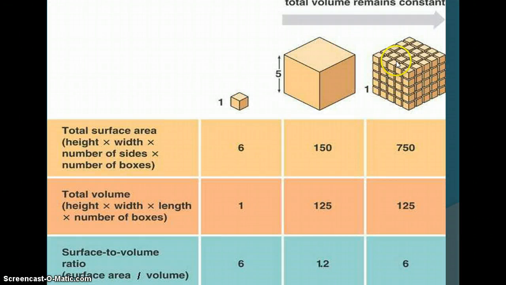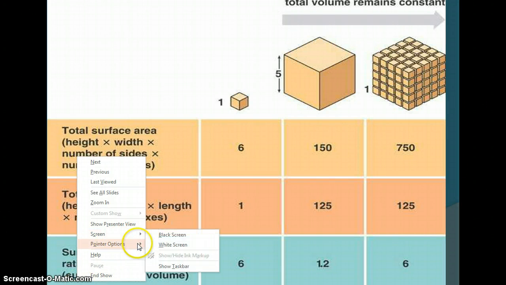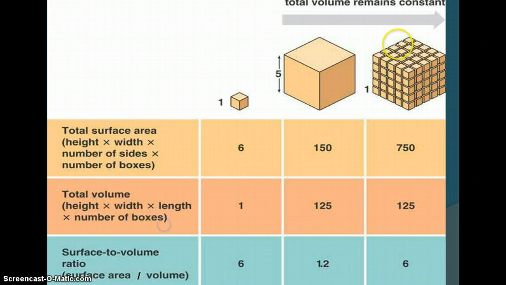If we look back here on our chart, we notice that this final version over on the right has the same total volume.